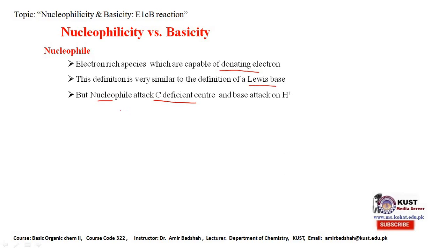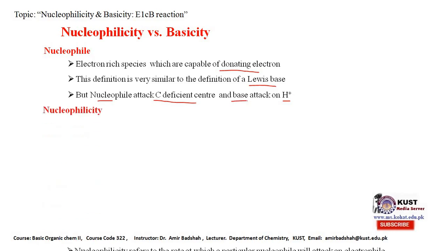But if this electron-rich species attacks a hydrogen atom or proton, then such an electron-rich species is called a base.